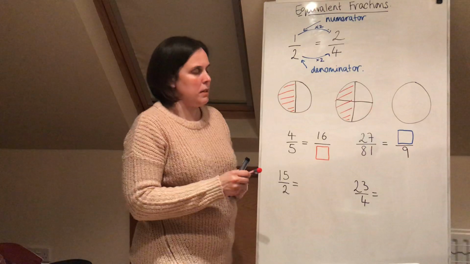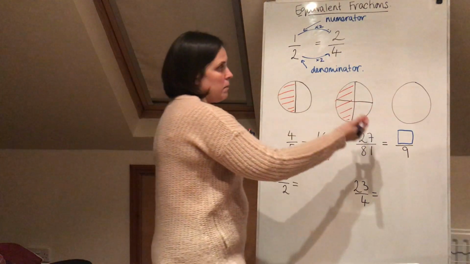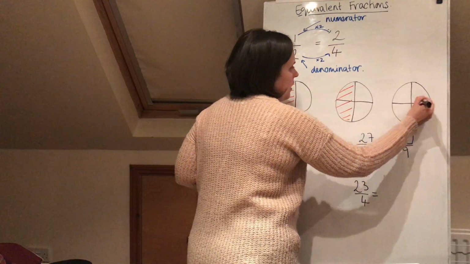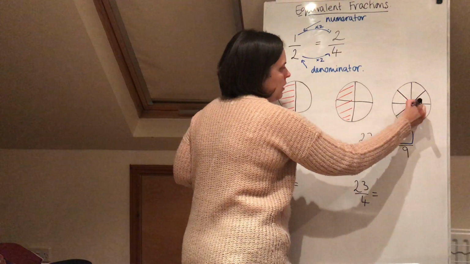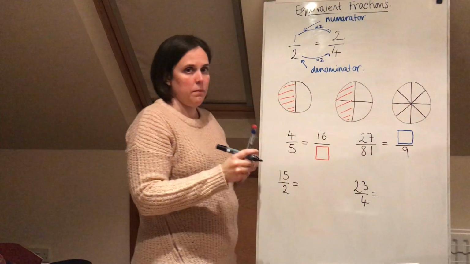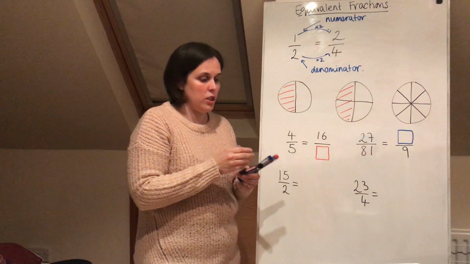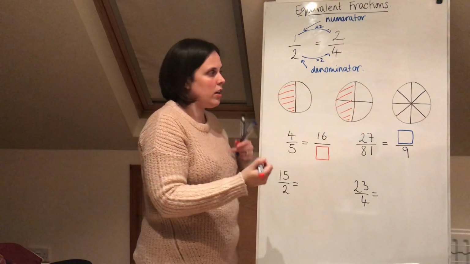I'm going to keep it simple because I've got very simple diagrams, but let's say instead I split this same circle, instead of into 4 pieces, let's now break it down into 8 pieces. If I've got 8 pieces, how many of those pieces would I need to shade in so that I now have the same amount shaded on the diagrams?